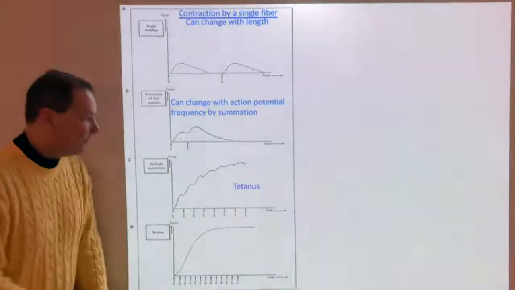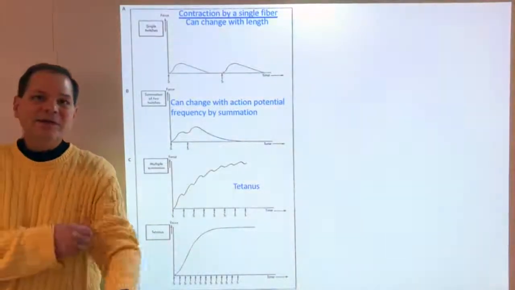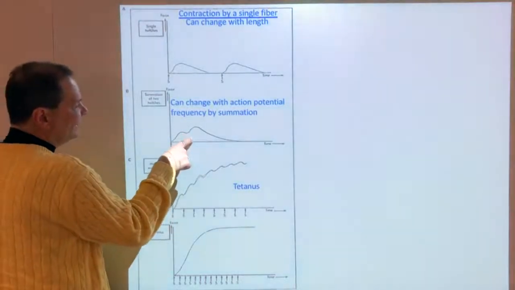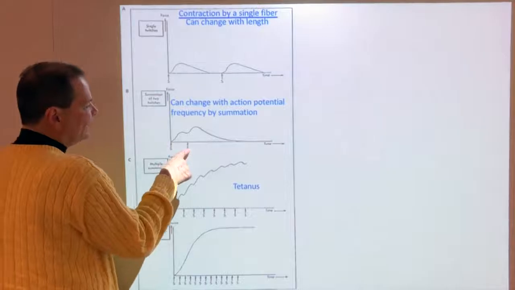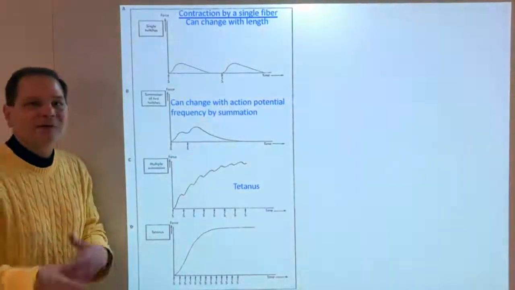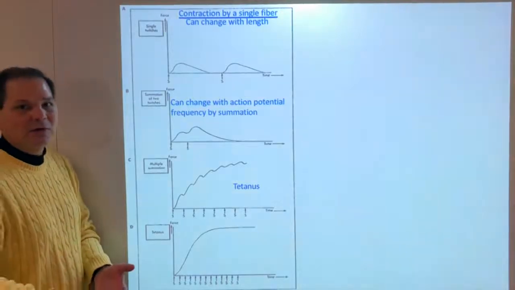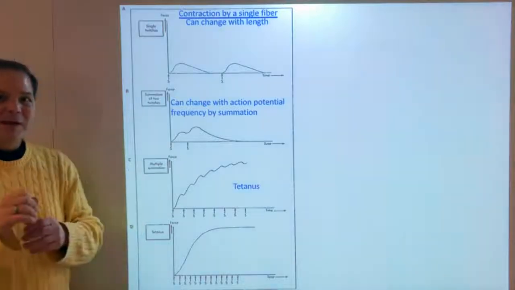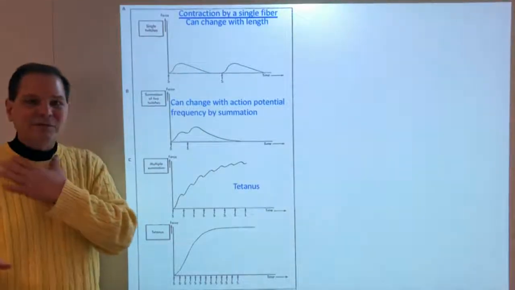This is called tetanus. Now you'll recall cardiac muscle, you can't tetanize. And the reason is because you always get a significant amount of relaxation before you can stimulate that cardiac muscle again. That's because the refractory period of the action potential is much longer in cardiac muscle. You have this long plateau phase where calcium's coming in, and during that plateau phase, you can't re-stimulate the fiber.